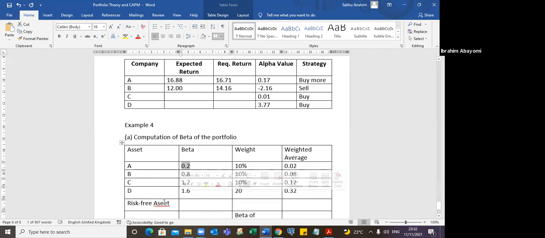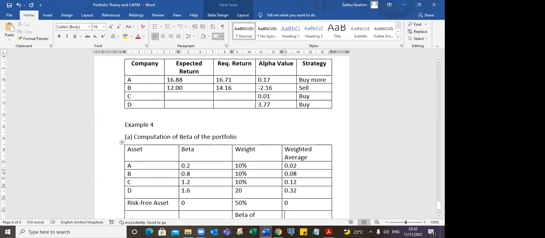So if I now have my asset in risk-free asset, will it have a beta? No, sir. So the beta will be 0. An investment that is risk-free will not have beta. So the beta is 0. And the weight there is what? The weight is 50%, because it's 50% of our investment that we are putting there. So 50 times 0 is what? Is 0.